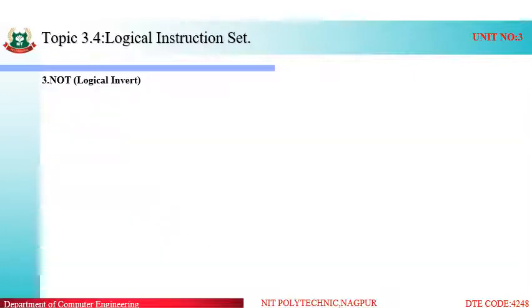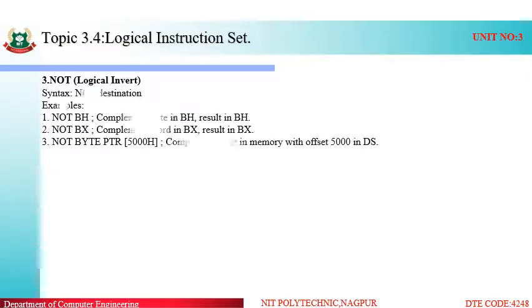Next is NOT. NOT means logical invert or negation operation. The syntax is NOT destination. Suppose BH consists of 8 bits, and all the 8 bits contain 1, then by using NOT instruction all the bits inside the BH will contain now 0.